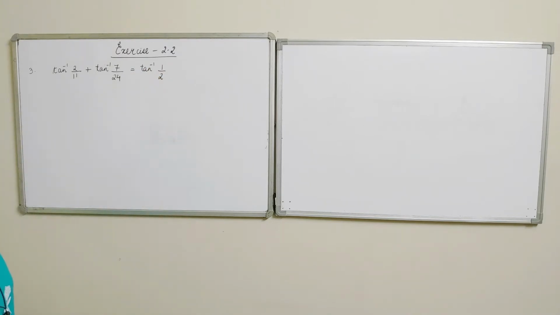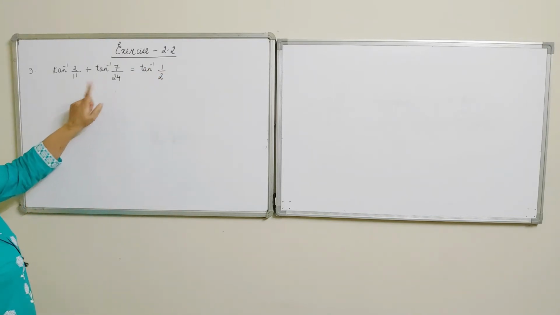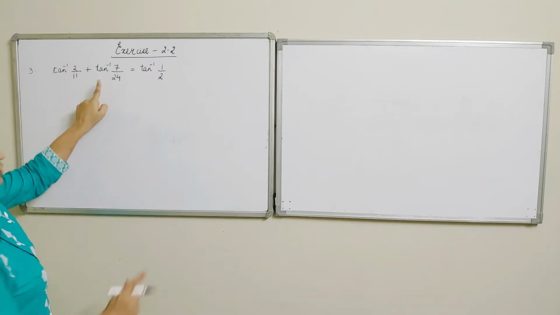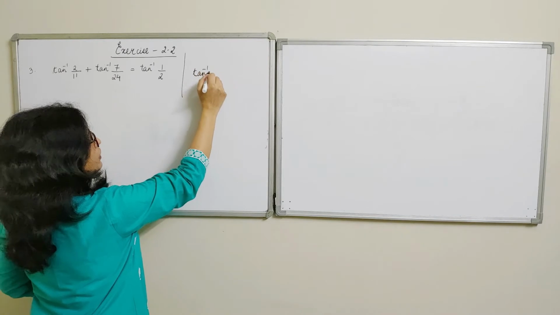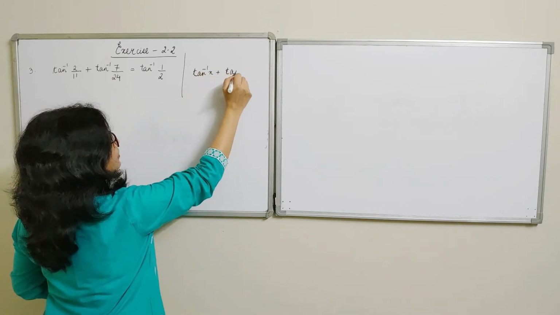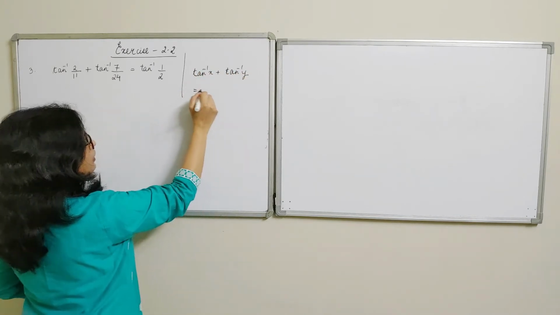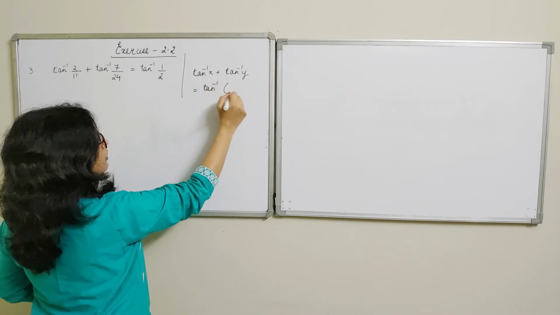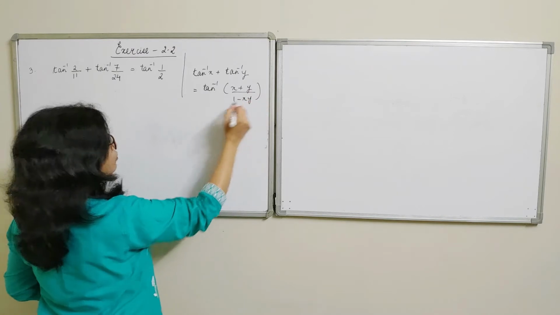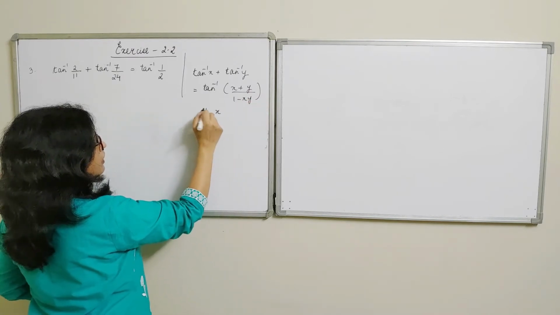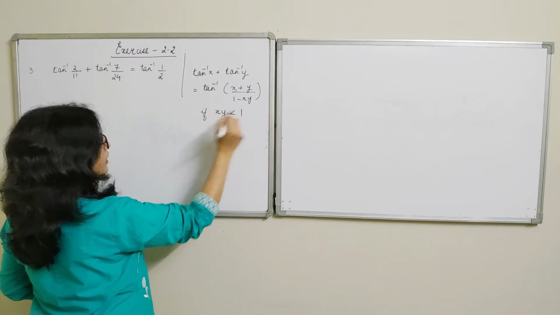Now in this case, this is identical to tan inverse x plus tan inverse y. So let's write down the identity first. Tan inverse x plus tan inverse y will be equal to tan inverse of x plus y upon 1 minus xy if xy is less than 1.